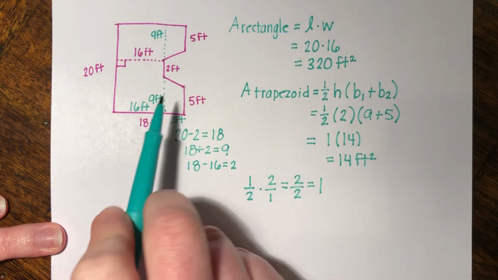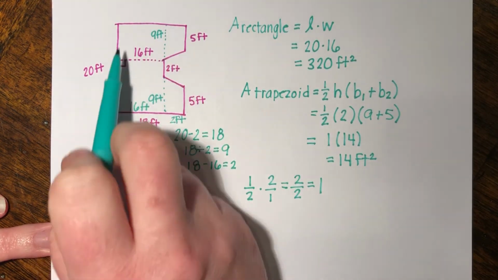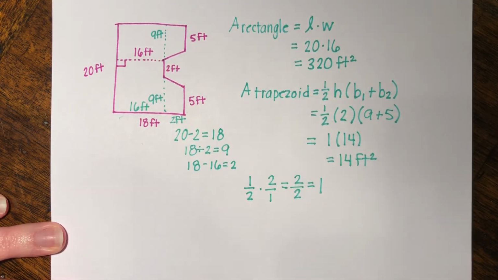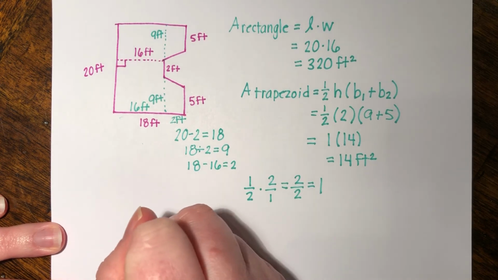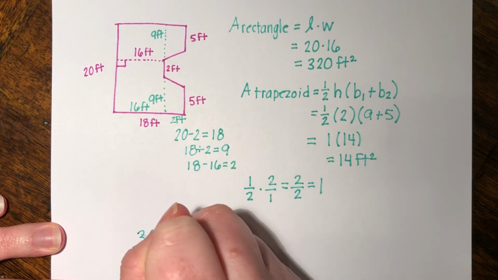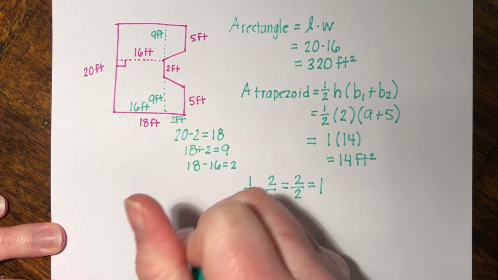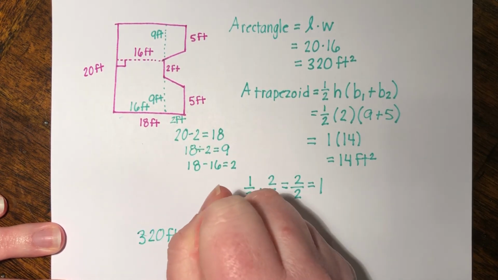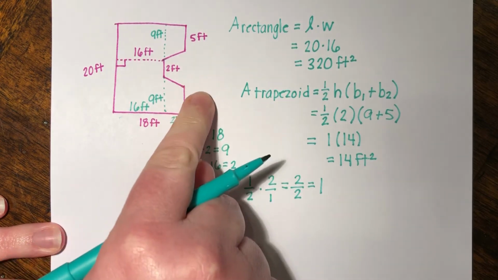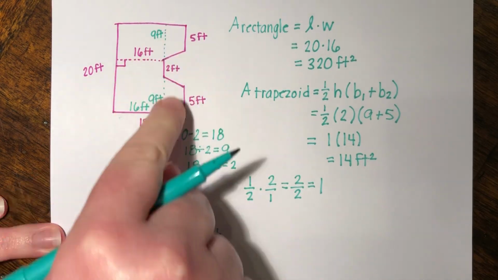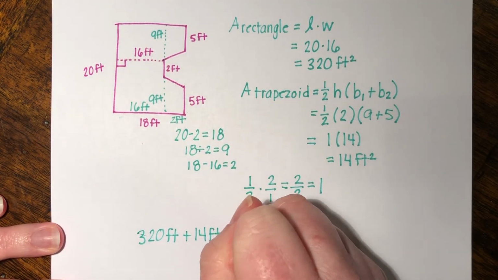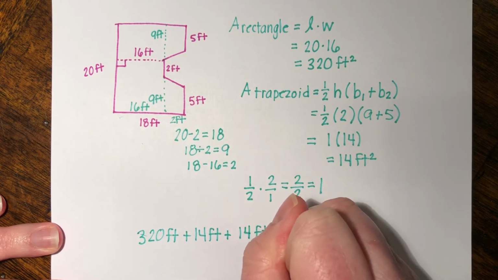So right now we have the area of our rectangle, which we found out to be 320 feet. So we have 320 feet. Plus we have the 14 feet that one trapezoid was. And again, we have an identical one. It's congruent, it's the same shape, same size, so we need to do 14 feet again.